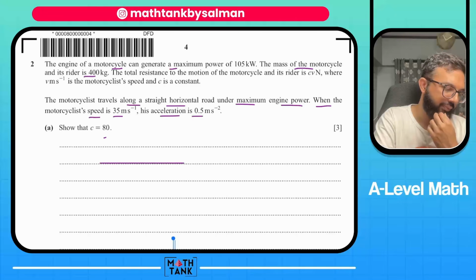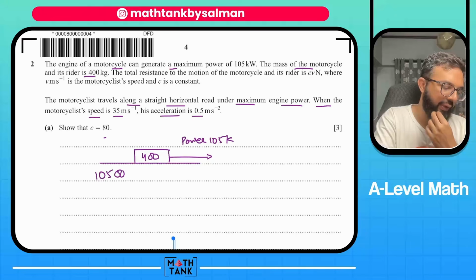Okay, let me draw this. So maximum power is 105. He's always traveling at maximum power, so his driving force is then 105 kilowatts, right? So 105,000 over 35. What is the resistance? The resistance to the motion is CV newtons.